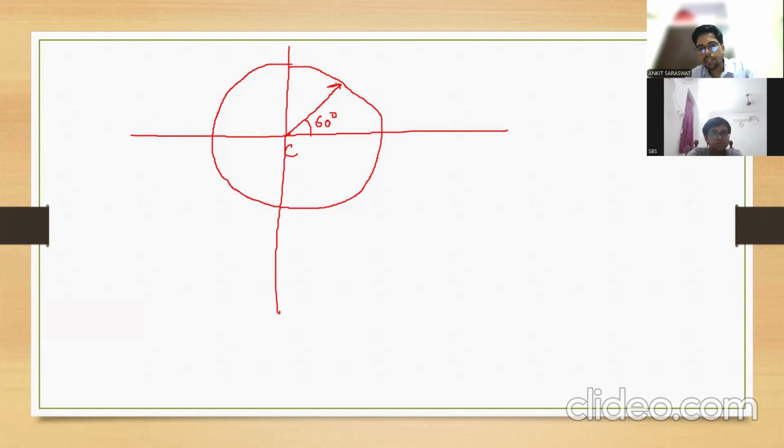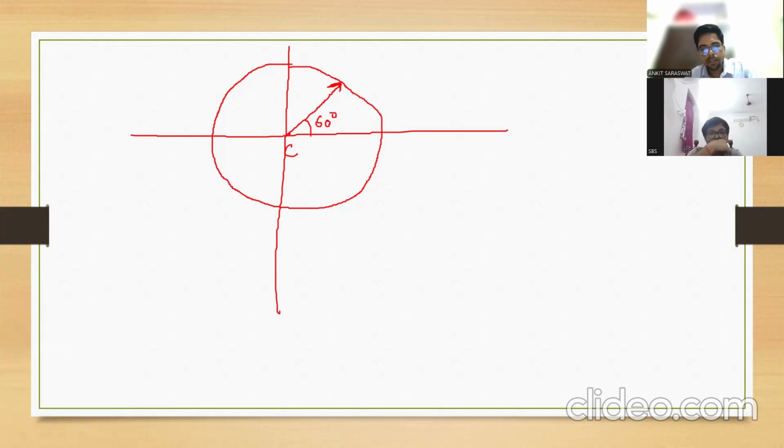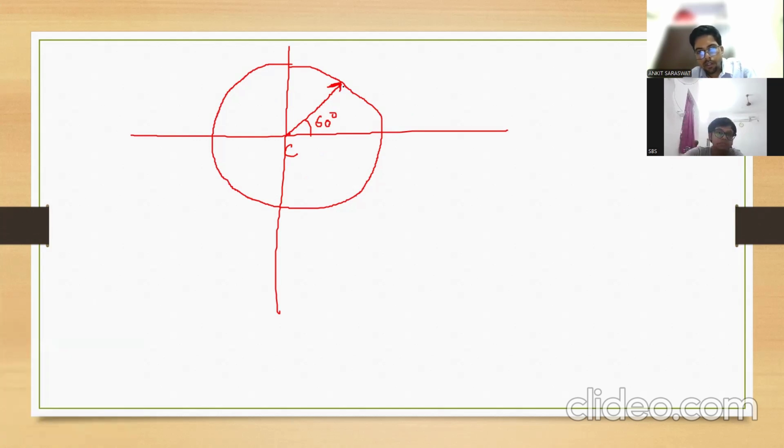When theta is 60 degree, draw the projection on the x-axis and y-axis. On the x-axis, drop a perpendicular. This is the projection on the x-axis. And for the projection on the y-axis, drop a perpendicular from the given vector on the y-axis. This is the projection on the y-axis.